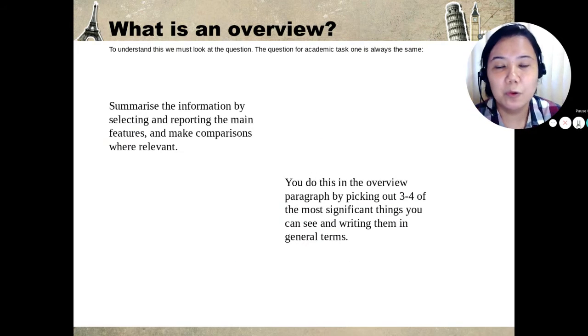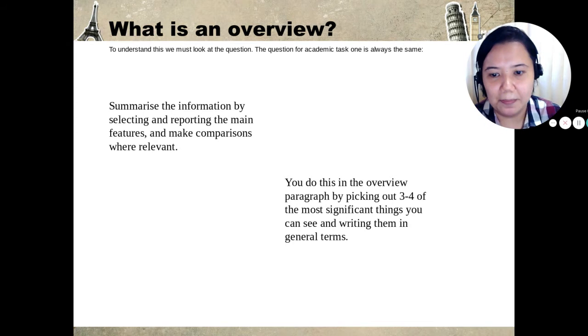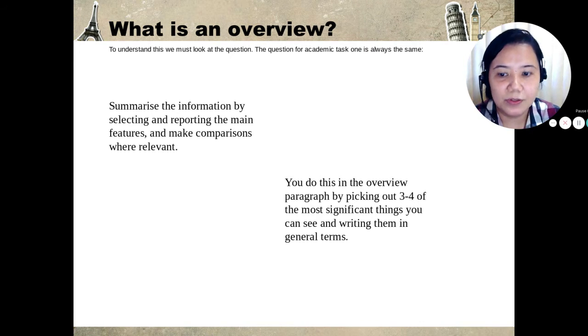So, what is an overview? First, to understand this, we must look at the question. The question for academic task 1 is always the same. First, you have to summarize the information by selecting and reporting the main features and make comparisons where relevant. We therefore need to provide a short summary of the main features.